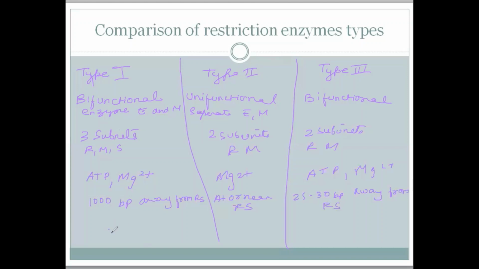One example I'll give is EcoB, EcoRI. You all know what Eco is: Escherichia coli. These are simple examples of type 1, type 2, type 3 and their comparisons.